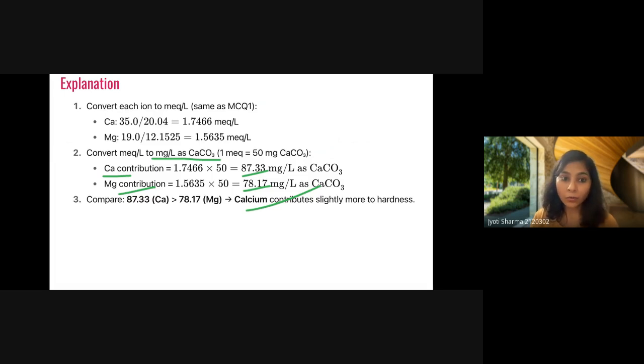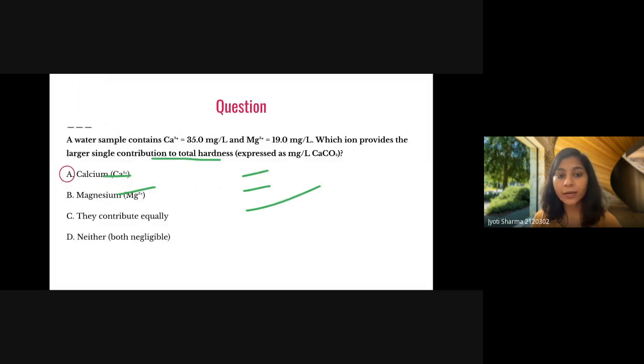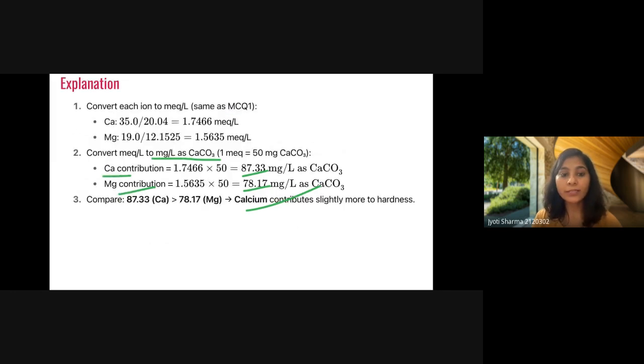No doubt initially the values were 31, 35 and 19, but if we calculate it in mg per liter CaCO3, then this will be 87 and 78, and 87 is more than 78. It means calcium is giving you more hardness, based on the concentration of calcium and magnesium that we have in the sample in mg per liter initially, and then we are converting that.